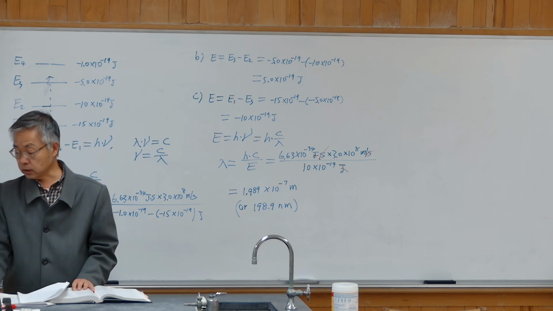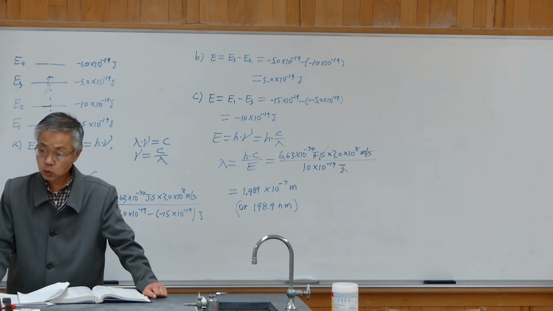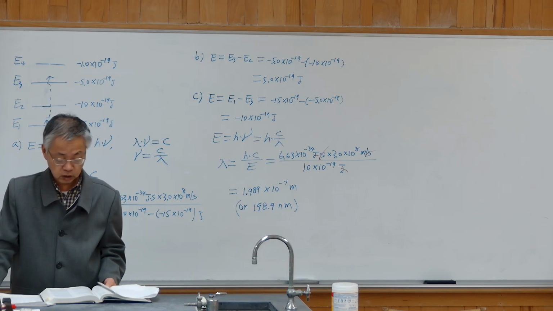Ground state means the naturally lowest possible state. So for you guys, always use the ground state of electron configuration.